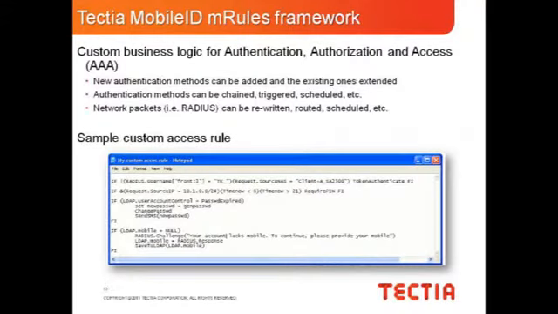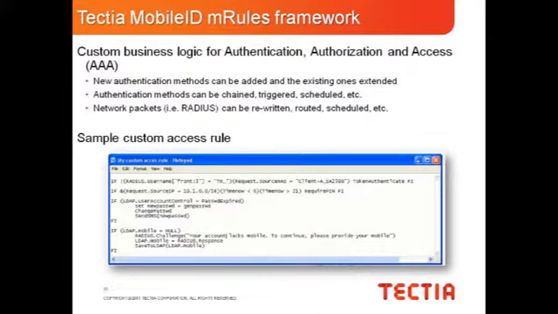Looking at an mRules example, the scripting engine and the script is called an mRule. So, as I mentioned, it does custom business logic for authentication, authorization, and access. New authentication methods can be added and the existing ones extended.